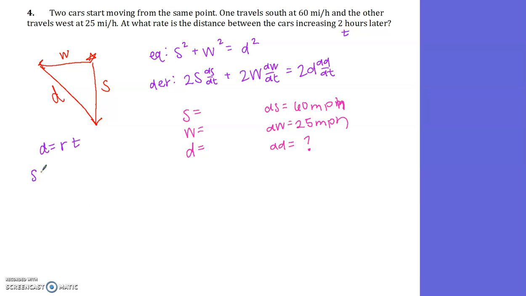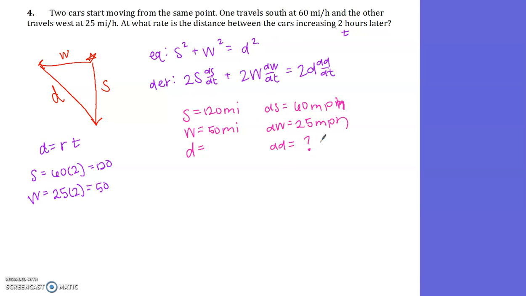To find S, that car is traveling at 60 miles per hour for 2 hours. So that's going to make S 120. Then W, that car is traveling 25 miles per hour. So 25 miles per hour times 2 hours is going to make W 50 miles.